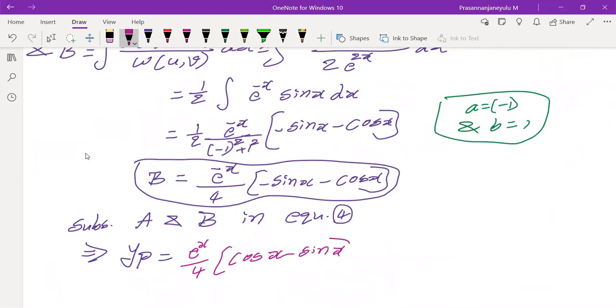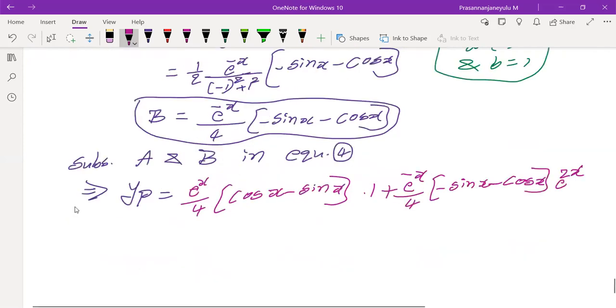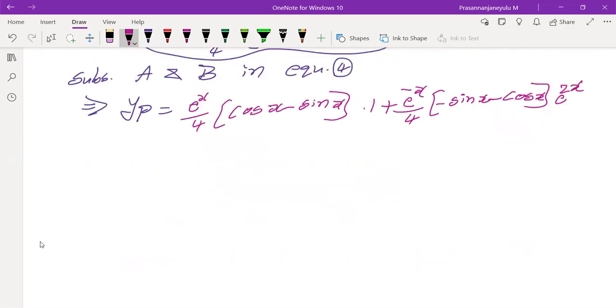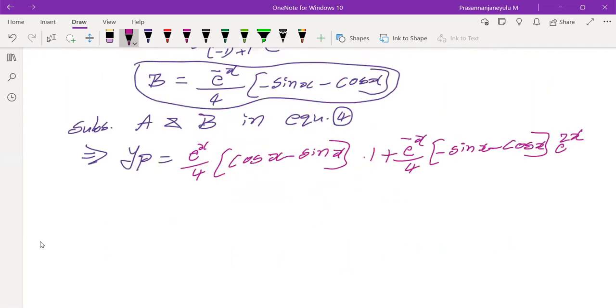Into u of x. What is u? It is 1, plus the B value. What is the B value? e power minus x by 4 into minus sin x minus cos x, into e power, what is v? The v value is e power 2x. So now we are going to do a little simplification.